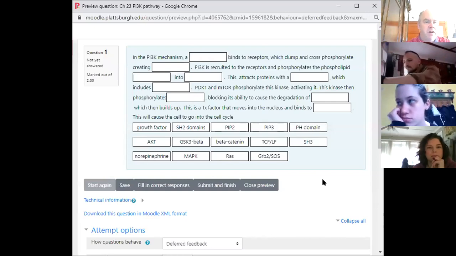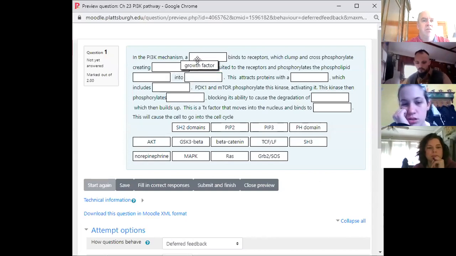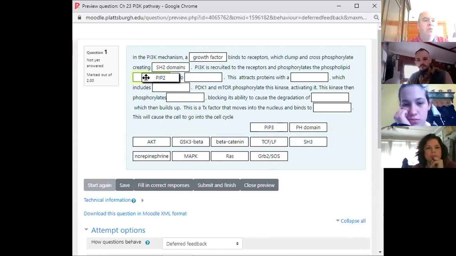Look at this, the PI3 kinase mechanism. A growth factor binds to receptors, which come together and phosphorylate, creating SH3 domains, right? Wrong. SH2 domains. PI3 kinase is recruited to the receptors and phosphorylates phospholipid PIP2 into PIP3, which attracts proteins with the PH domain, which includes, I believe, AKT.